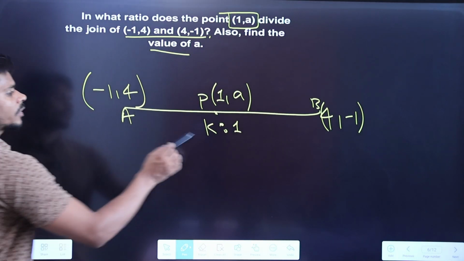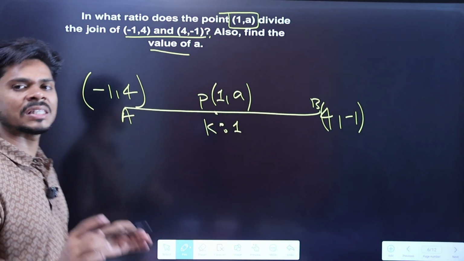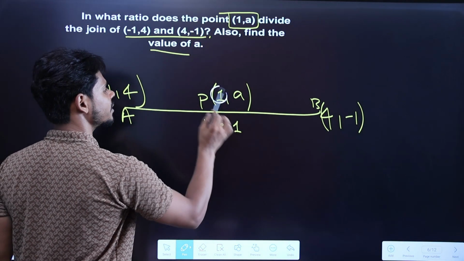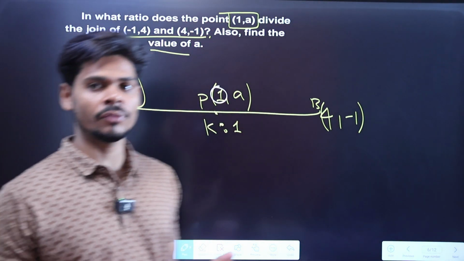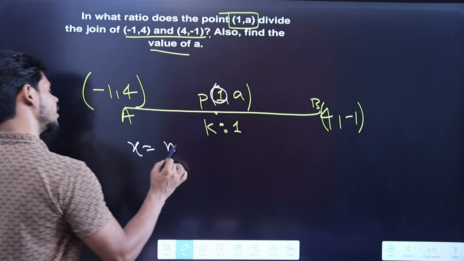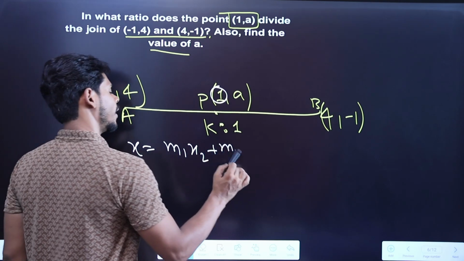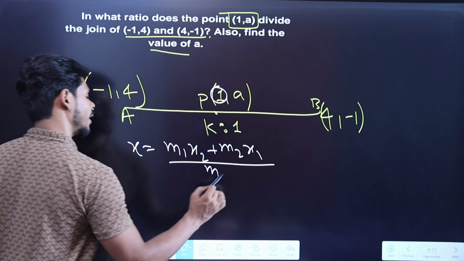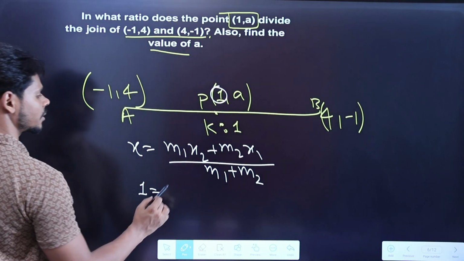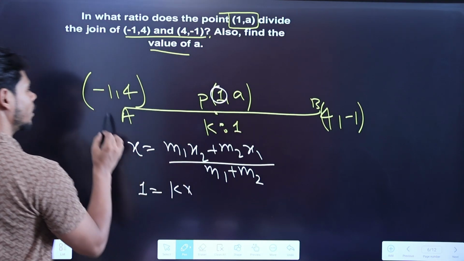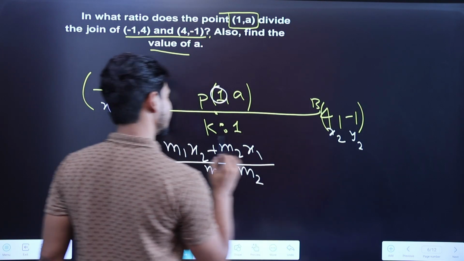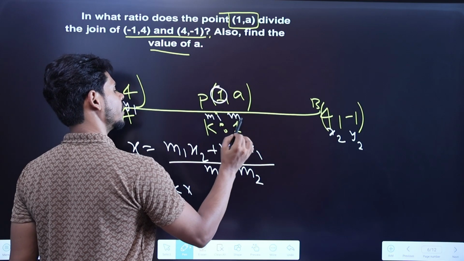Now first of all we need to find the ratio, which is k:1. Because the given value is x, and we already know the exact value of x, we are going to use the formula for x. So x is nothing but (m1 x2 + m2 x1) divided by (m1 + m2). Here x is 1, m1 is k, this is x1, y1, this is x2, y2, and this ratio is always m1 and m2.